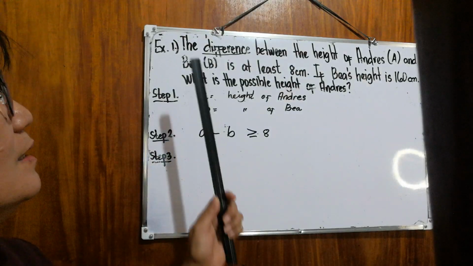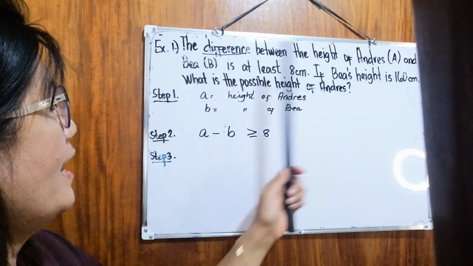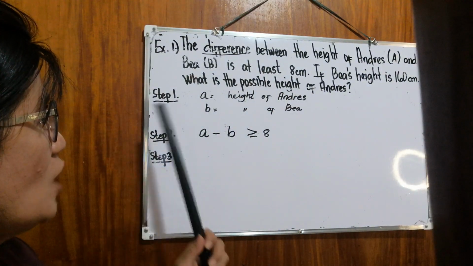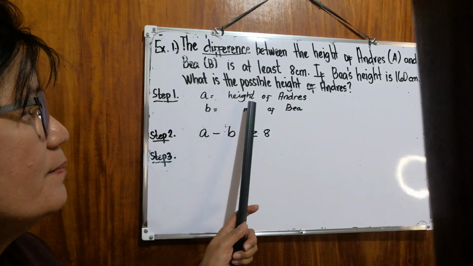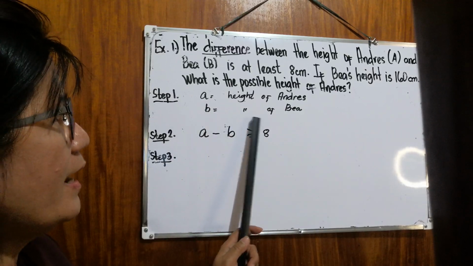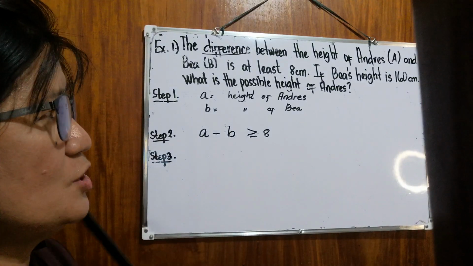So, ulitin natin. The difference between the height of Andres and Bea is at least 8 centimeters. So, ito na siya. A minus B, because we use A represents the height of Andres and B represent the height of Bea, is at least 8 centimeter.